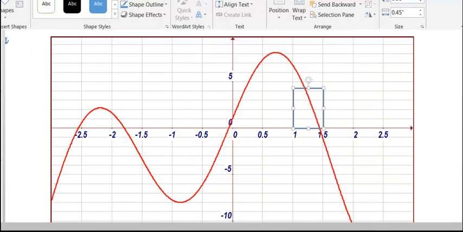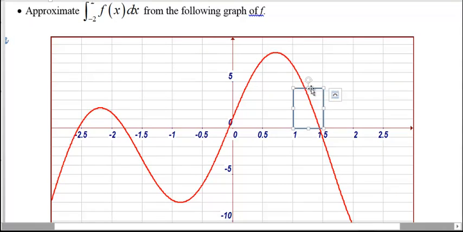Okay, so we can see inside of it now. So what we want to do is choose the height. Now we could choose the height to be at the left end, or at the right end, or we could try to find the height where the midpoint touches the graph. But really, we can choose it anywhere we want.